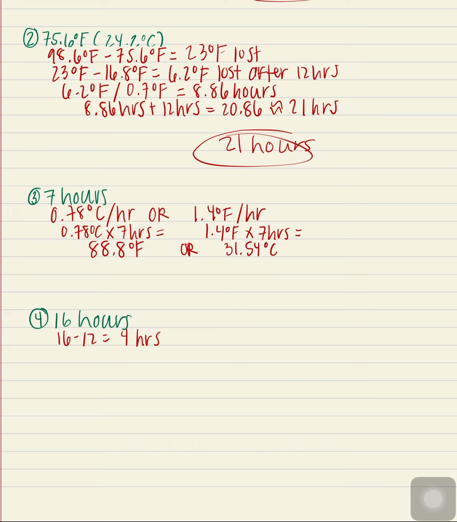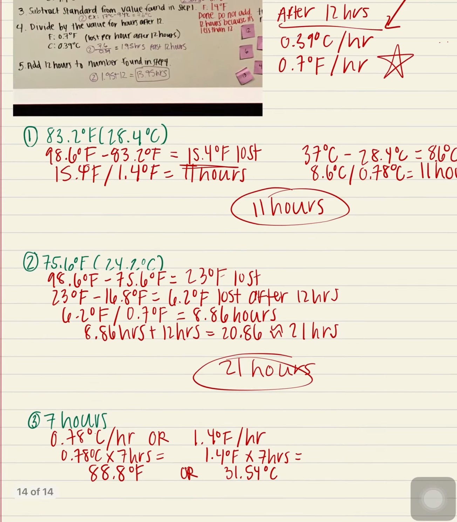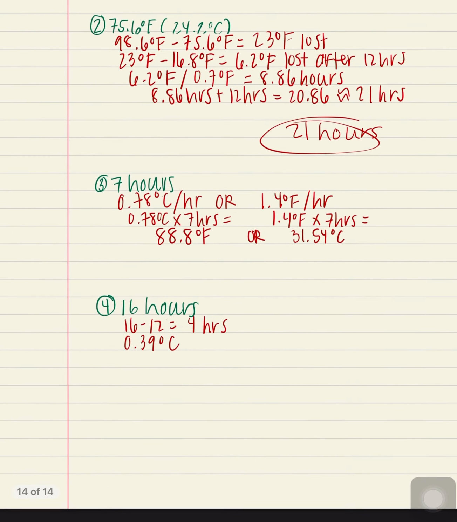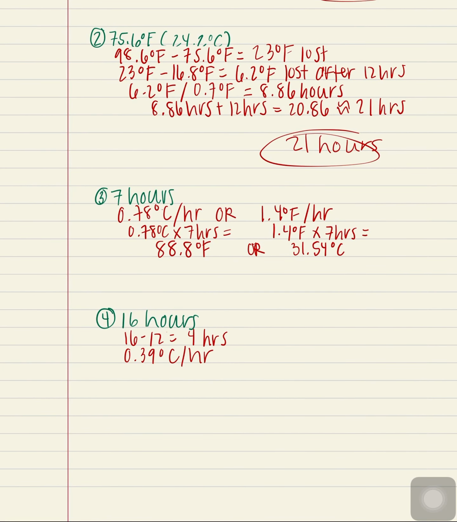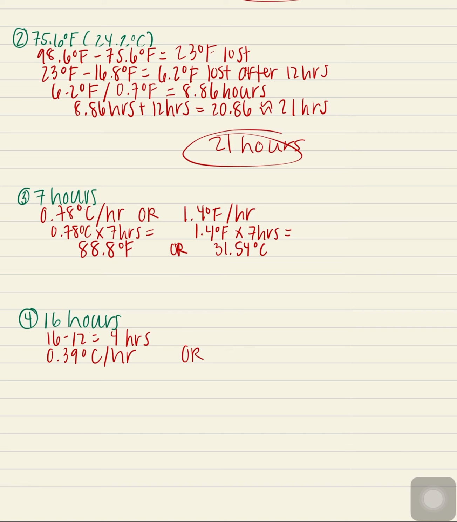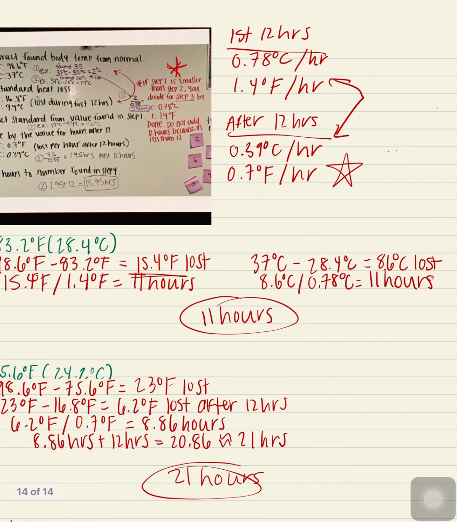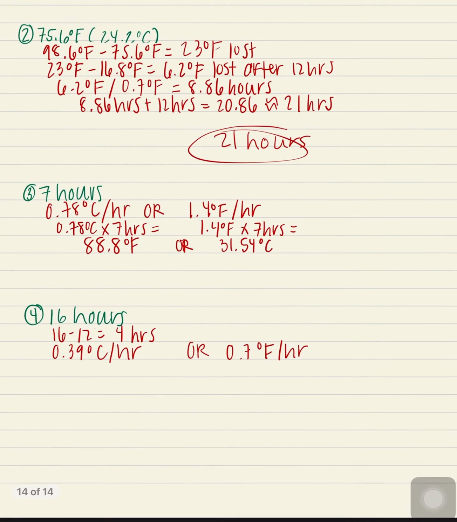So for this one, we're going to have 0.39 degrees Celsius per hour, or 0.7 degrees Fahrenheit per hour. Okay, so using our ratios from after 12 hours instead.